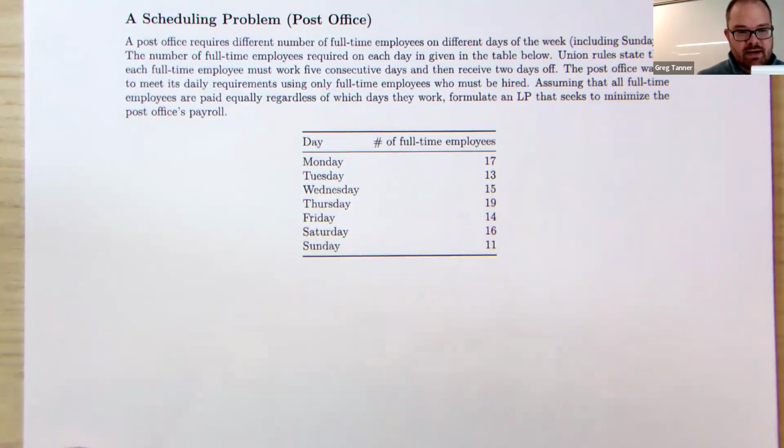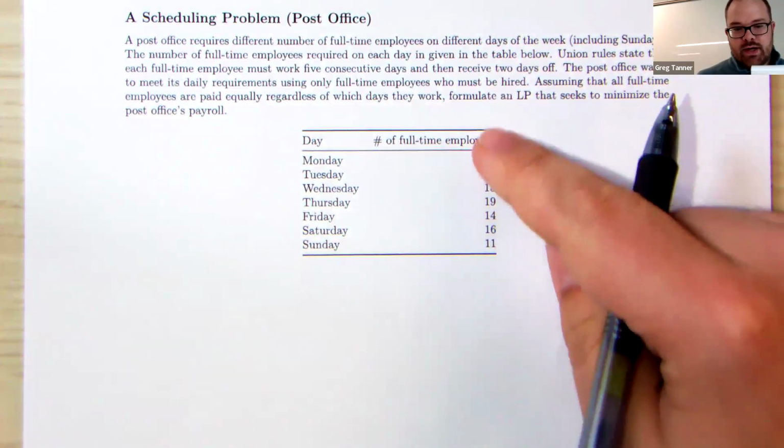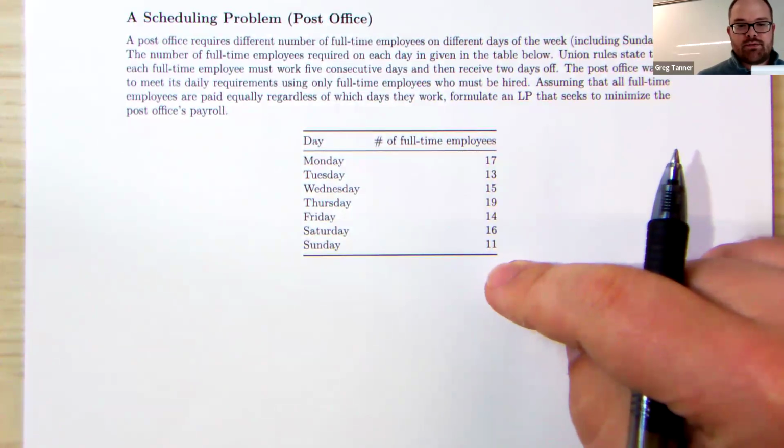The key here, and this is the key for most scheduling problems, is that by choosing a clever choice of decision variables, you can essentially eliminate some of your constraints just by how you design your variables. If I'm reading through this problem and identifying things, we've got different numbers of employees required on different days.